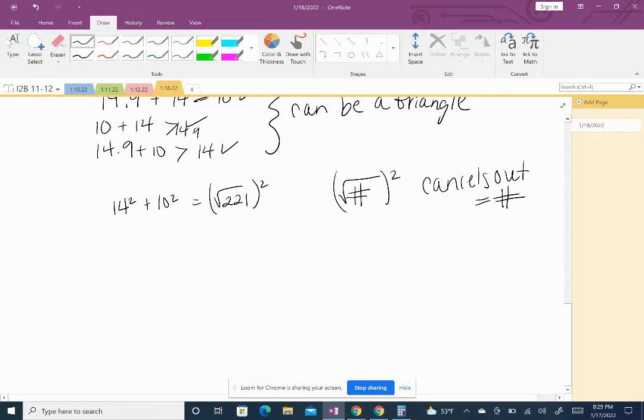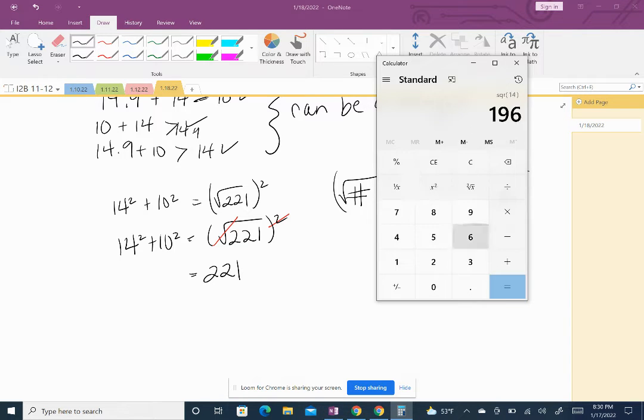So the square root of 221, essentially this cancels out with this. Okay, so let me rewrite that so we don't lose track of it. 14 squared plus 10 squared equals the square root of 221 squared, and I'm going to cancel that right here. So now I could rewrite this as 221.